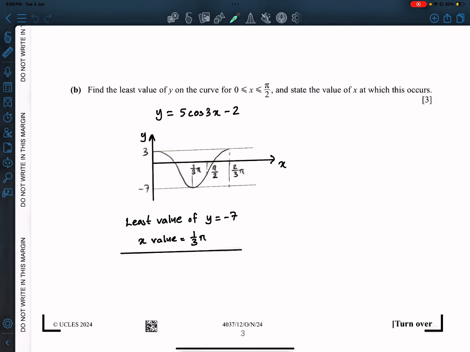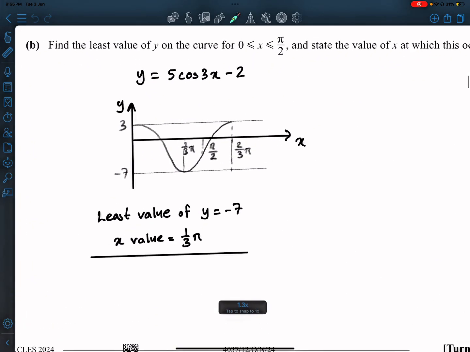Here our amplitude is 5, our period is 2 pi by 3, and our curve moves down 2 places. So the curve will have a midline of minus 2. It will have a maximum value of positive 3 because 5 minus 2 gives you positive 3. And it will have a minimum value of minus 5 minus 2, that will give you minus 7.